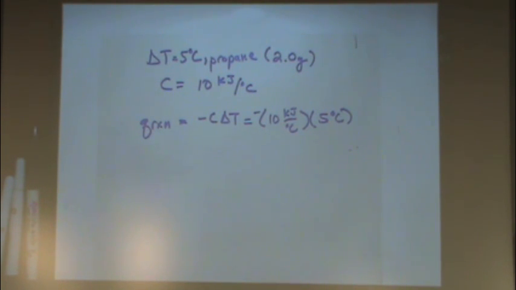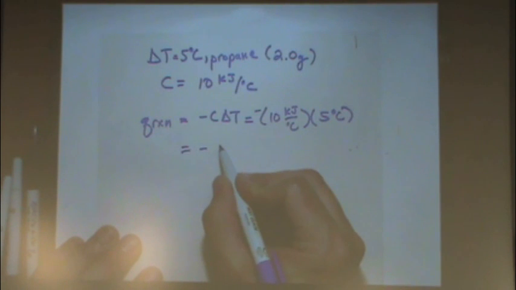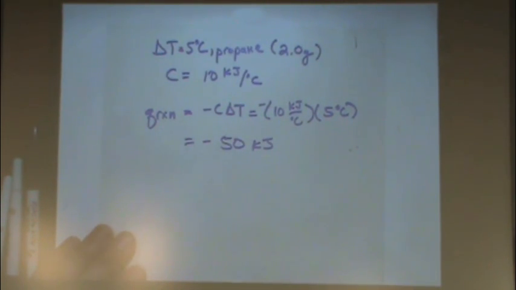They may give you final and initial, and you just subtract them. But it's pretty common to get a temperature change. So we get this. For you math savants, it looks like this is 50 kilojoules, if you get out your calculator.